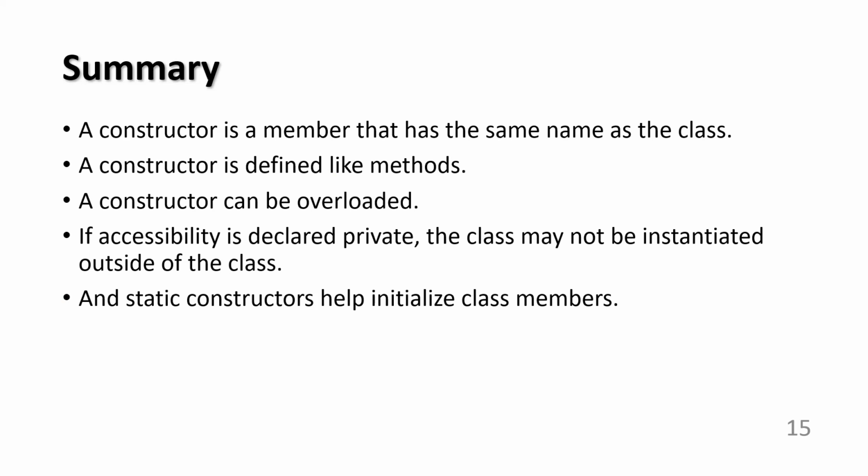We saw that we can have several constructors. And if accessibility is declared private, rare cases could be the time that we are going to use it. And then the static constructor helps initialize class members.